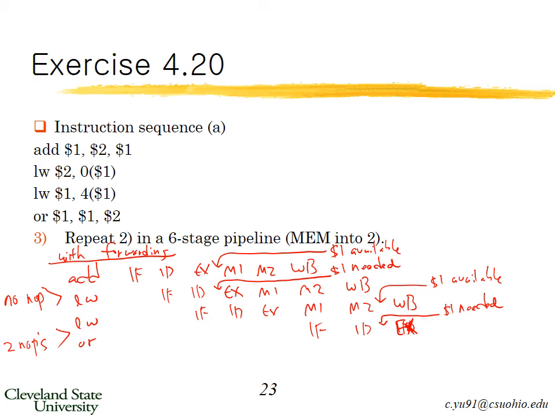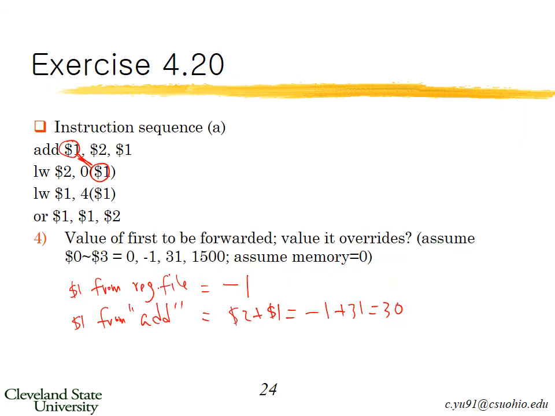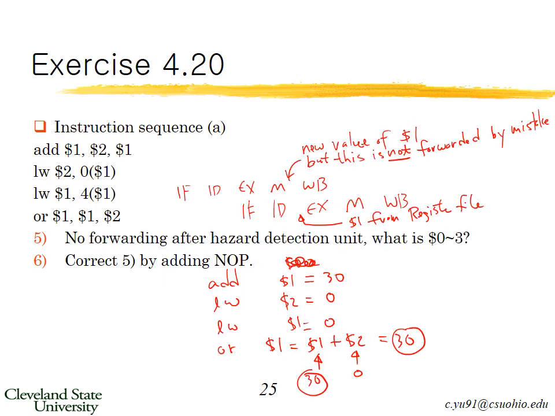But on the second case, between the load word instruction and the OR instruction, you can easily see that you need 2 no operations between those 2. So first, the data forwarding happens between the first and second instruction on register number 1. Register number 1 from the register file is -1. Register number 1 from the addition instruction is just 30.